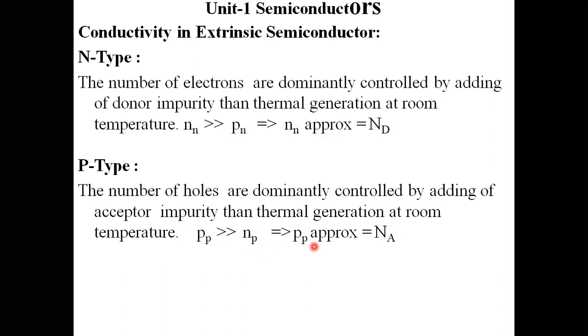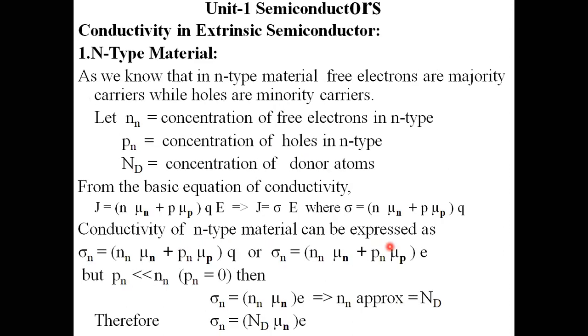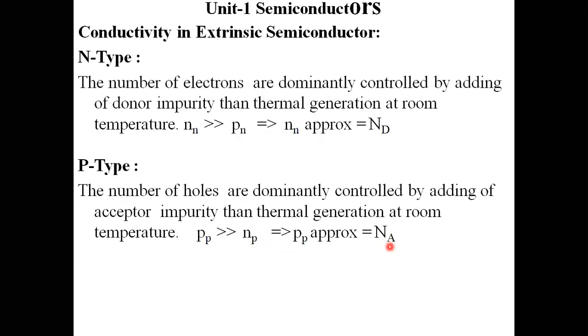That is Pp is approximately equal to Na. That is, Nn is represented with Nd, Pp is represented with Na. This is the conclusion part for conductivity in extrinsic semiconductor material. This is about how the conductivity equations can be derived in both p-type and n-type.